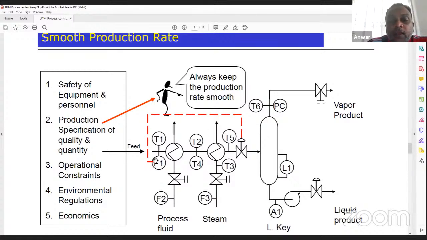For example, you need this flow at a certain temperature, and also a certain feed of the steam or the process fluid. So the control system could be designed accordingly. Therefore, you can have a cascade system managing this.